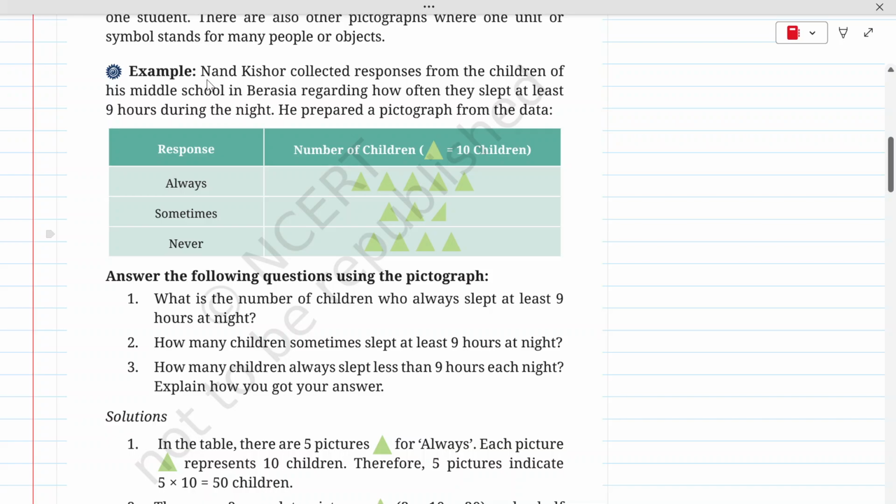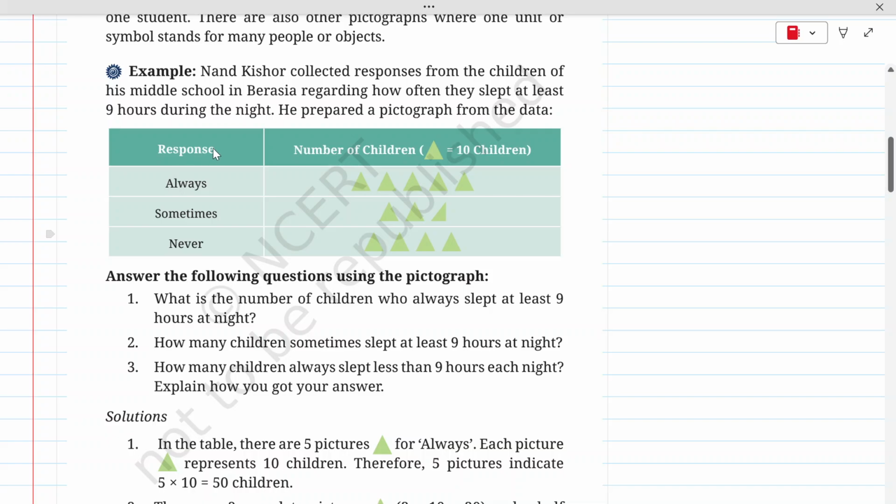What he has done is he has collected the responses from the children in the middle school, that how many of them are always sleeping 9 hours, or sometimes sleeping 9 hours, or they never slept 9 hours. Okay, and on the basis of the response from the kids, he has made this table. Okay, so now in the table we have two columns.